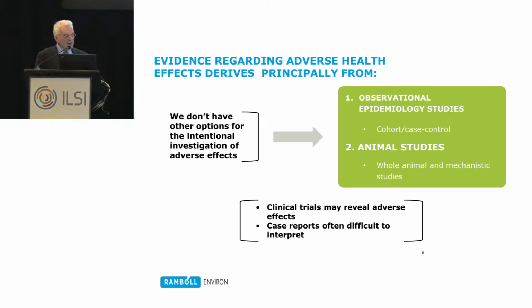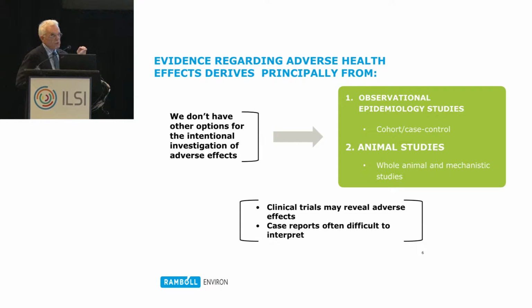We get information, most people know this, on adverse effects. We are limited in our capacity to develop information on adverse effects. We cannot do anything intentional in humans to uncover adverse effects. That's just not possible. So we rely heavily on animal studies and on observational epidemiology.